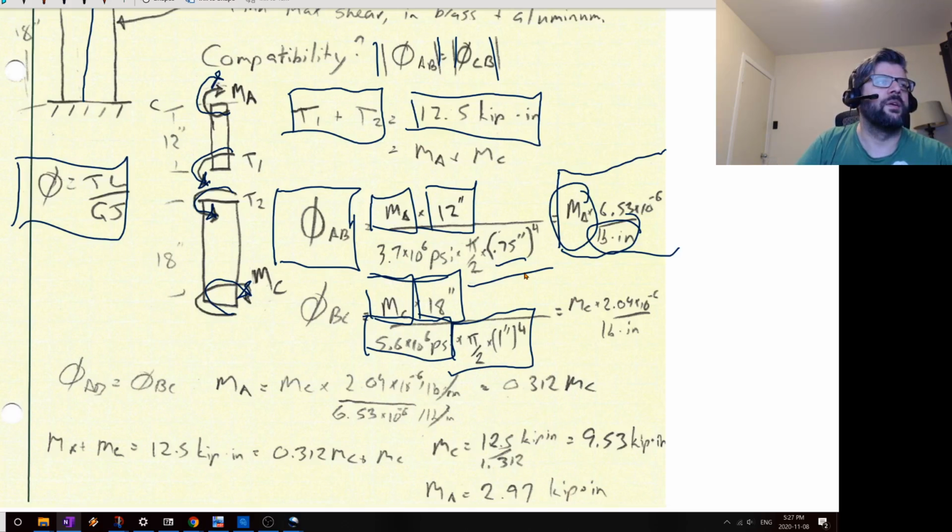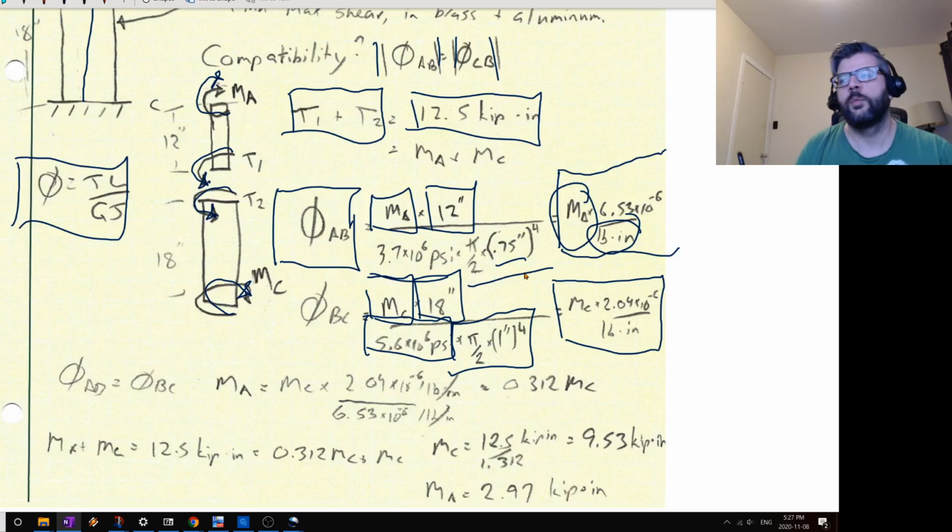Here's what we get for the twist in terms of MC: 2.04 times 10 to the negative 6 per pound inch. So again, our compatibility condition is those two twists need to be the same.